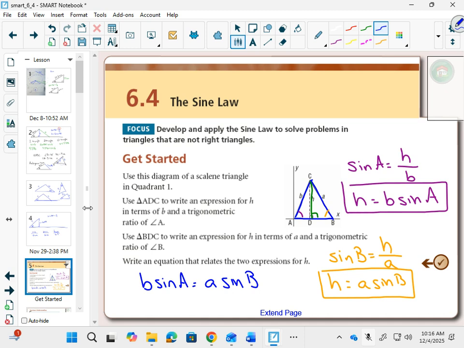Do you see that? Because they're both equal to H. This is very powerful. In fact, this is the start of something we call the sine law.